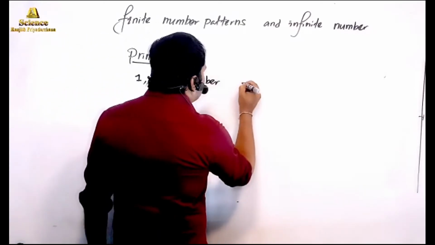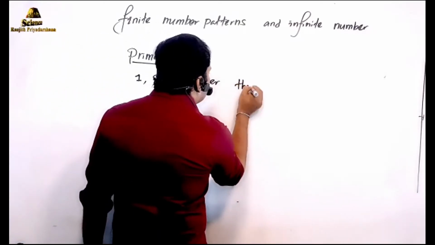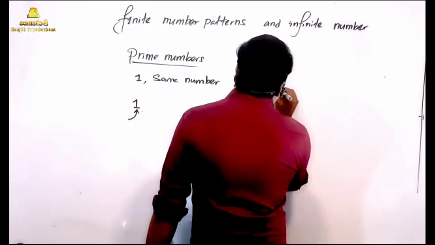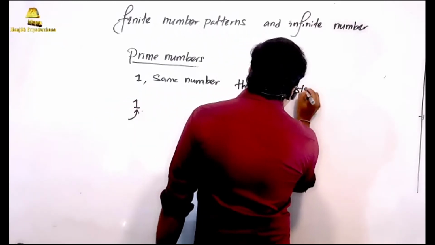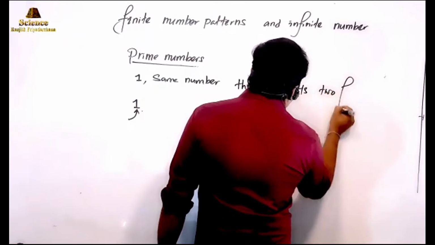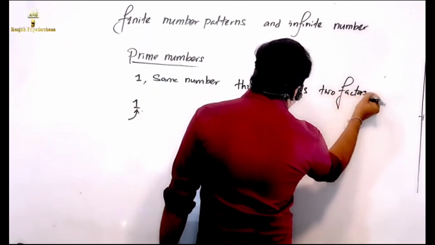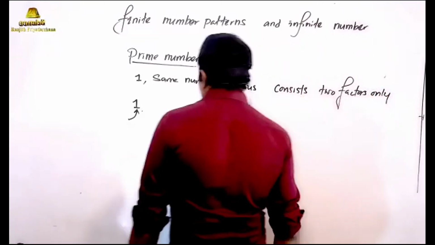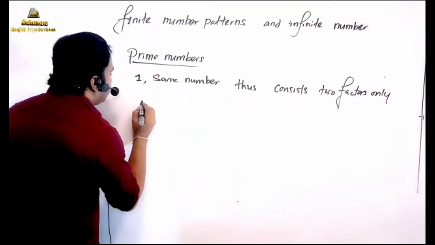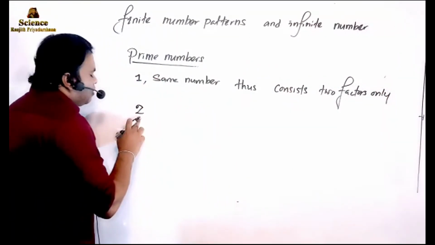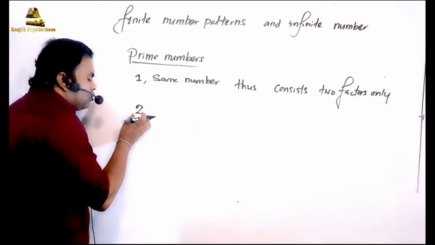A prime number consists of two factors only. When you consider 2, 2 is divisible by 1 as well as by 2.